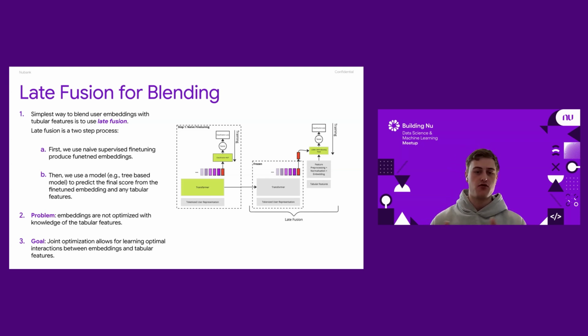So if there's any interaction that's important to capture between the tabular data and the transaction data, the late fusion approach misses this and doesn't account for it in the optimization. To address this, we'd like to have some sort of joint process. We'd like to jointly optimize, or jointly do fine-tuning with the blending procedure. Such an approach would be denoted joint fusion.